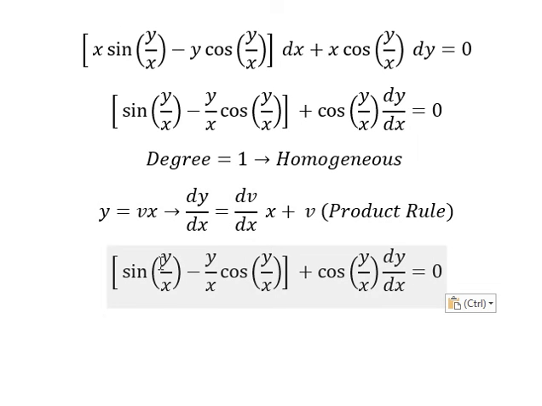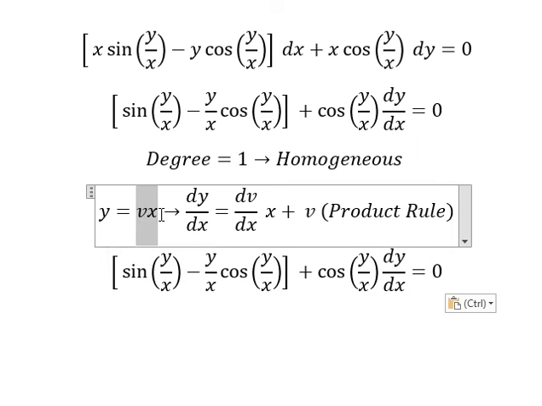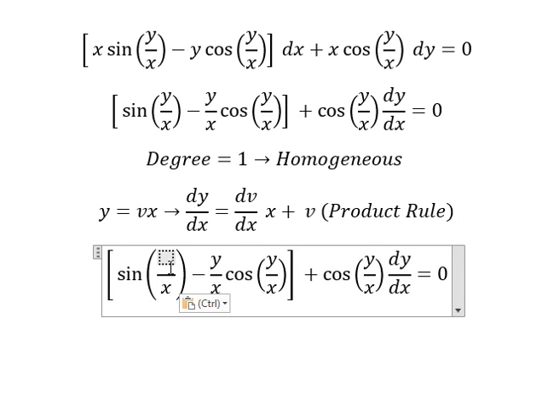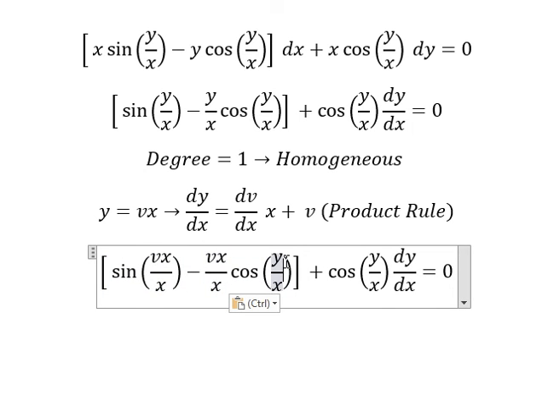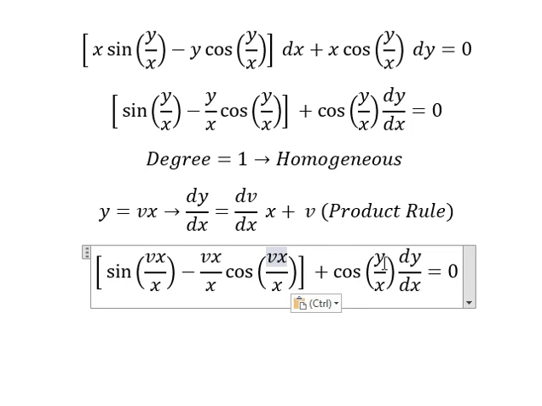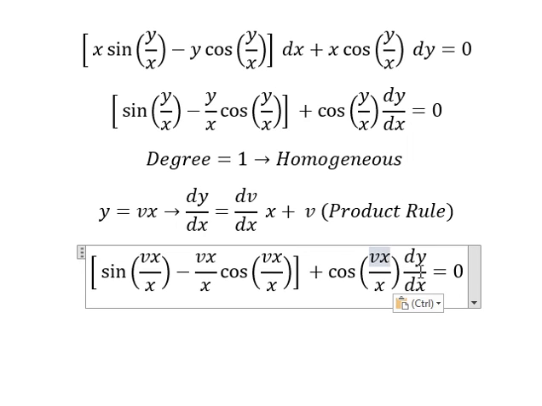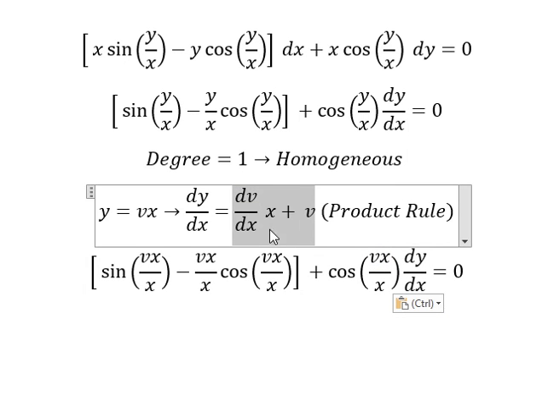So I will change y into vx. So dy over dx, that is about this one.